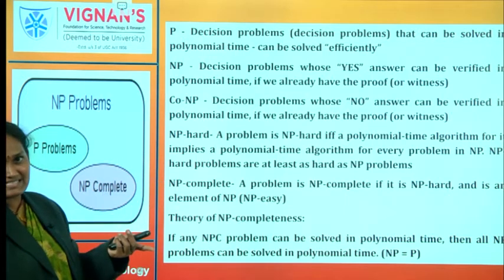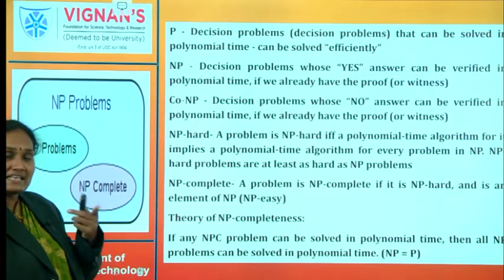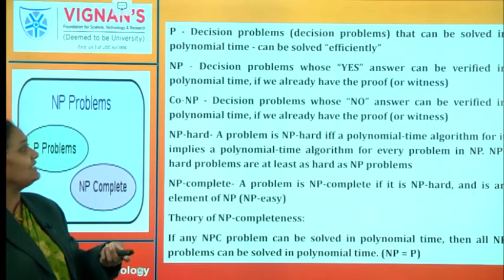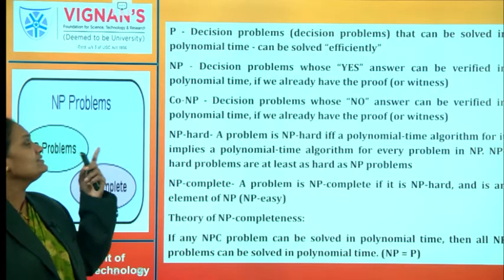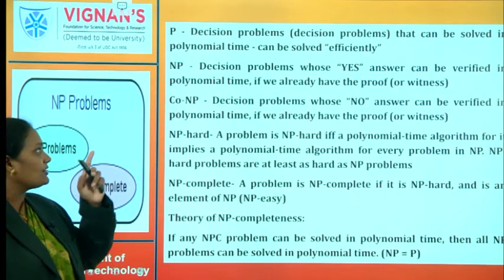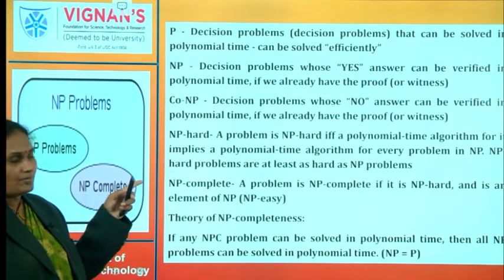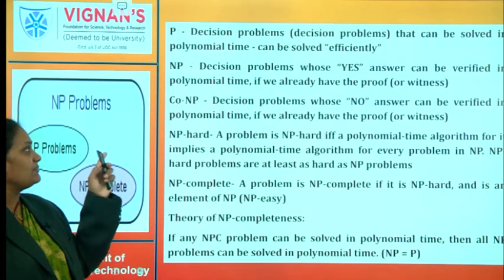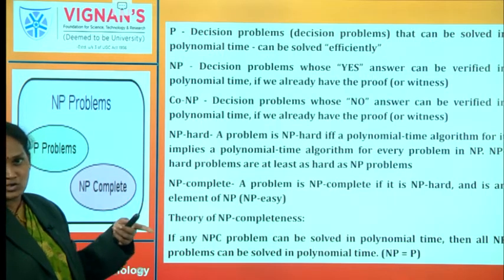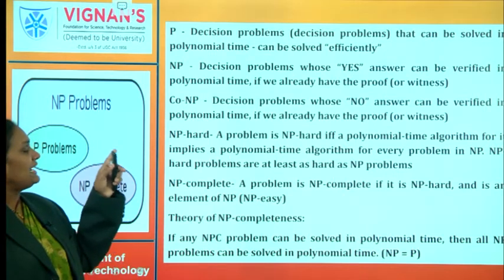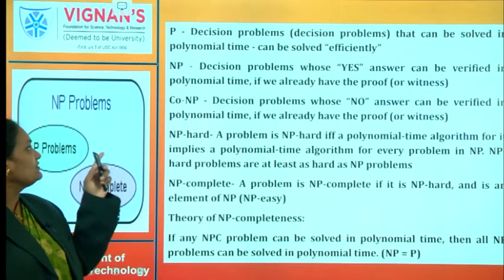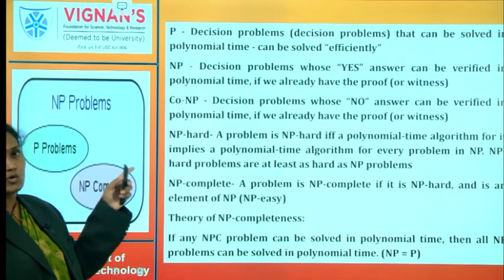If it gives a yes answer, we are verifying it, and that verification is done in polynomial time. Then those problems are called NP problems. Next, co-NP problems means the decision problems whose no answer can be verified in polynomial time. Some problems may return the solution as no. So if I can verify that no answer in polynomial time, then we can call those problems co-NP problems.